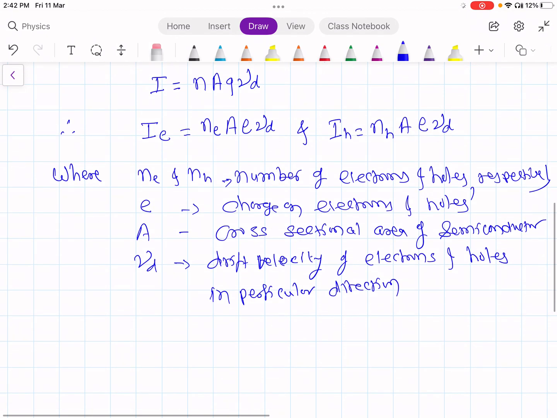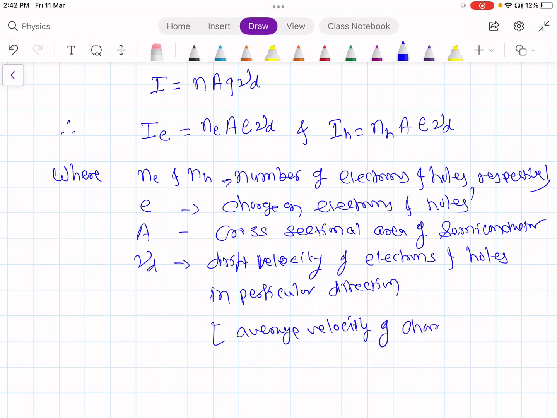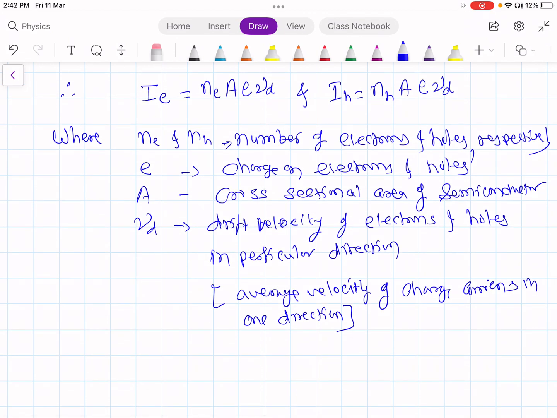This drift velocity is nothing but the average velocity of charge carriers in one direction, in a particular direction.